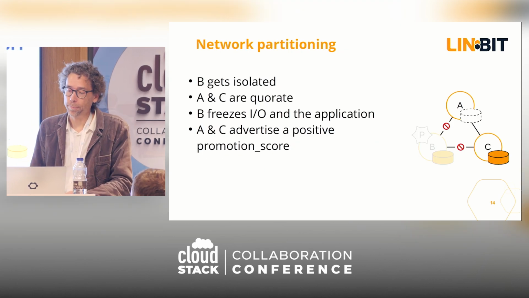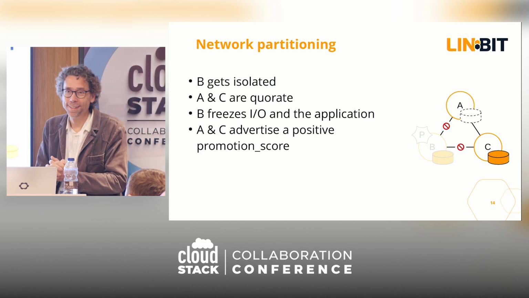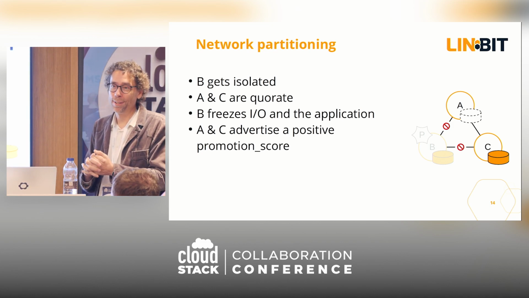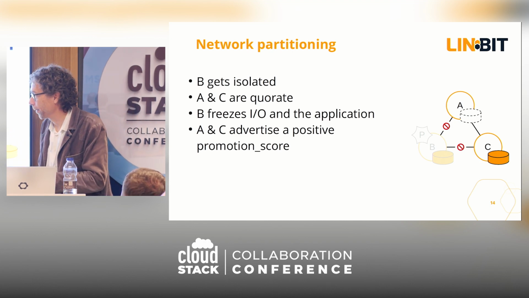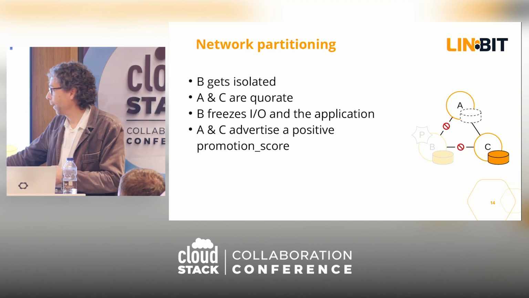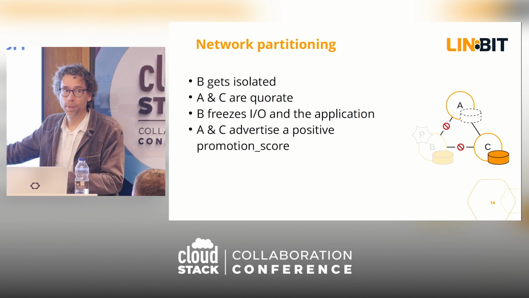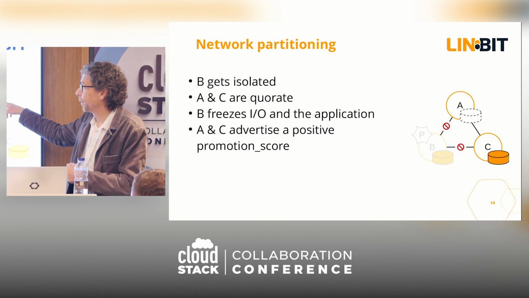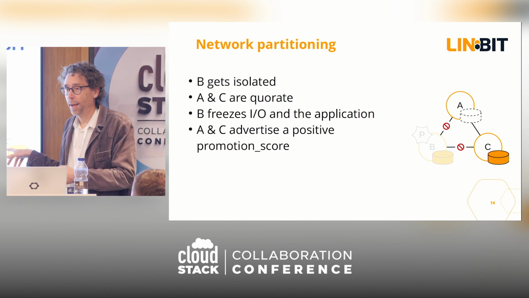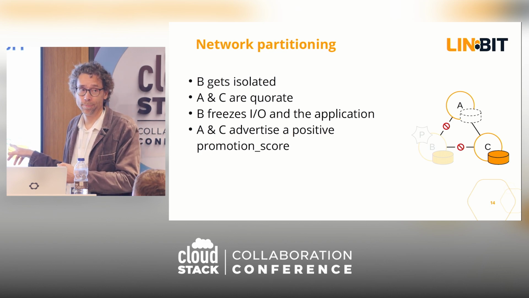Let's continue. Now, let's go to the real hard problems. Let's say the primary gets isolated. So we have concurrently these two network failures. Again, we have the primary losing quorum, freezing the KVM, everything stopped here. The other two nodes have quorum, and they see that this partition doesn't have a primary.